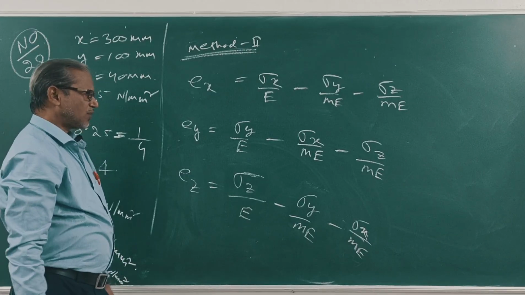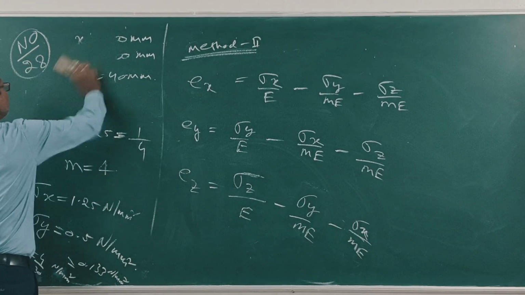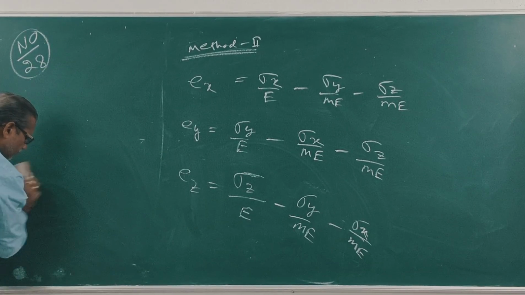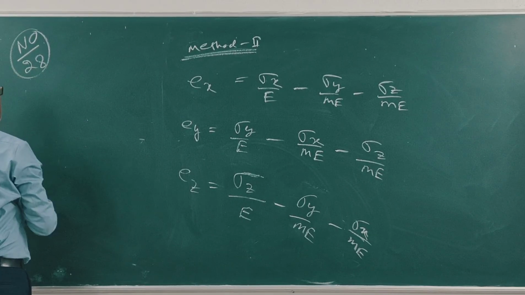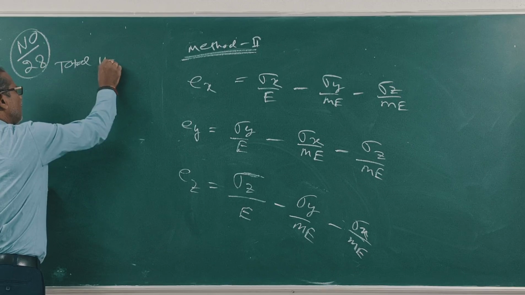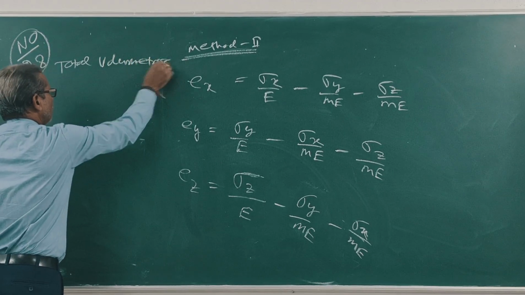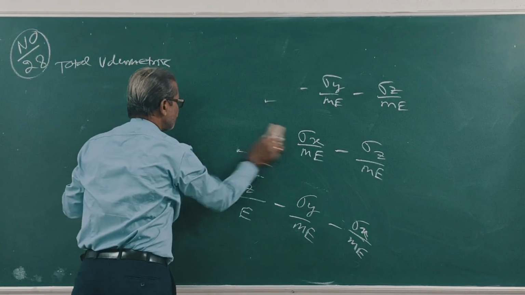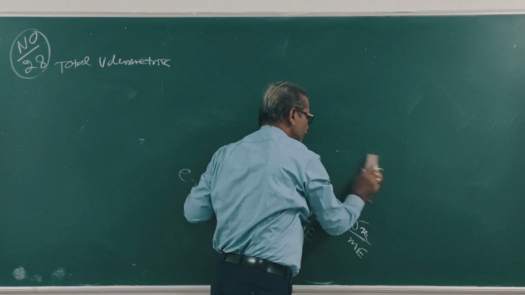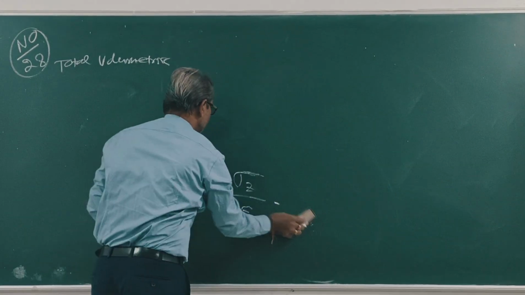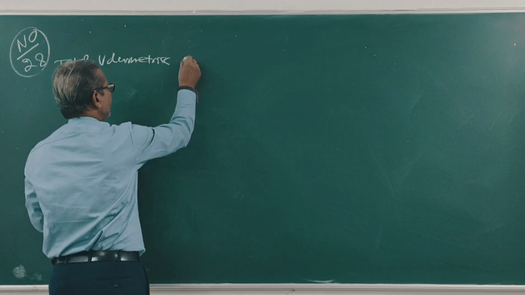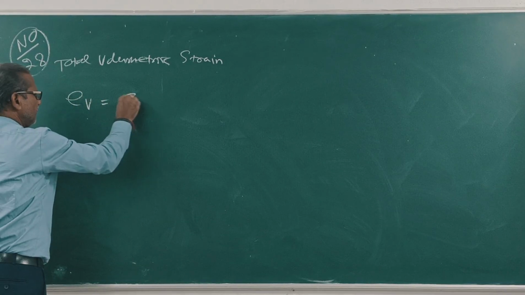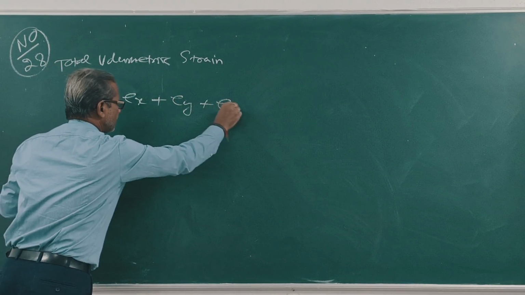Now, the total volumetric strain. Volumetric strain εv is equal to εx plus εy plus εz.